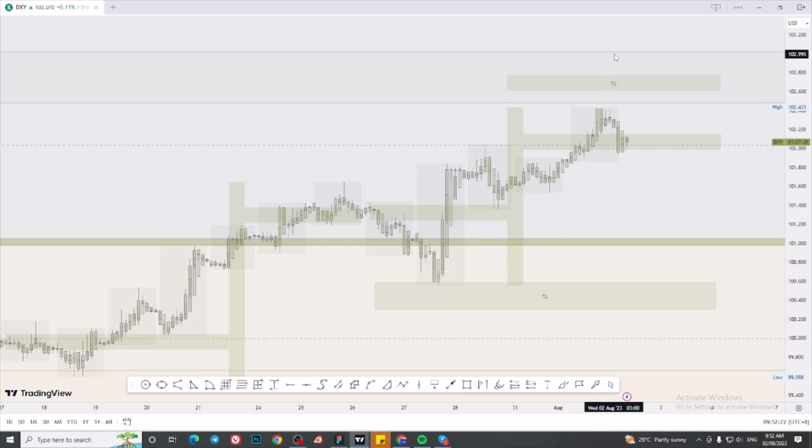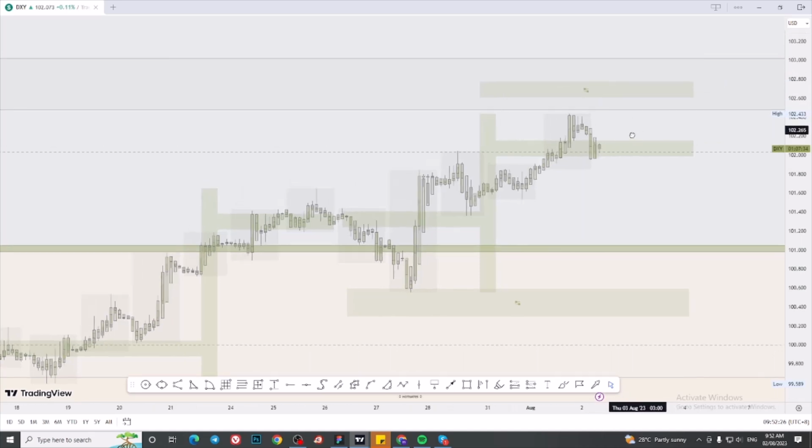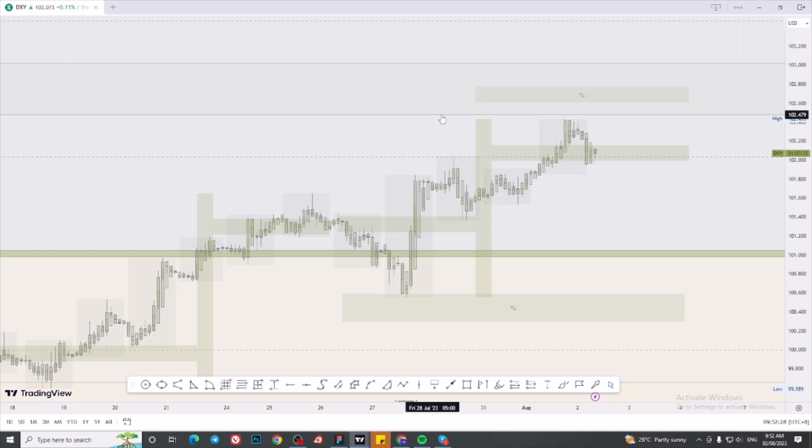Yes, we can go to 103, but this gap is a very strong one, because we also have what we call the three kings of this level.